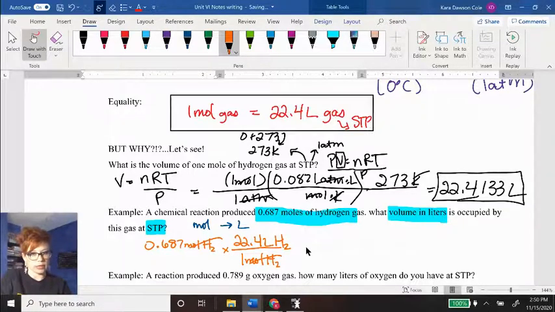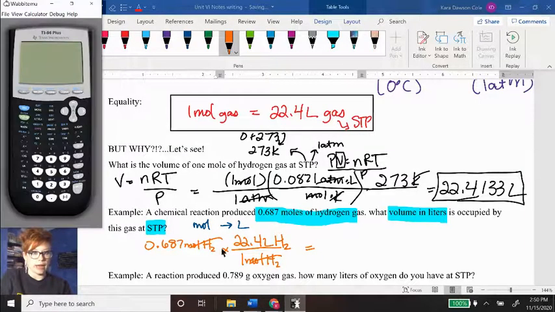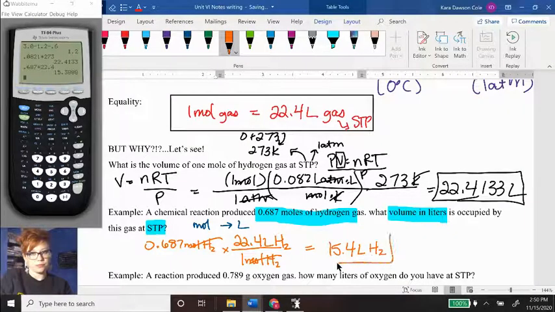So moles of H2 are canceling out. And then I can calculate that. So for that, I'm going to do 0.687 times 22.4. That gives me 15.4 liters of H2. And that is my answer for that one.